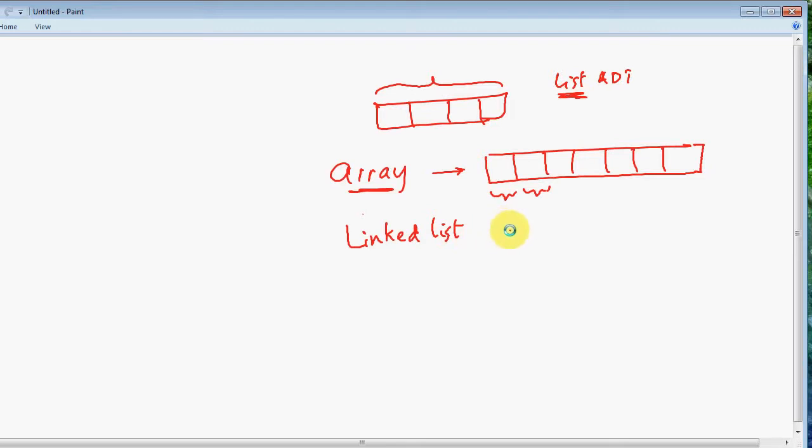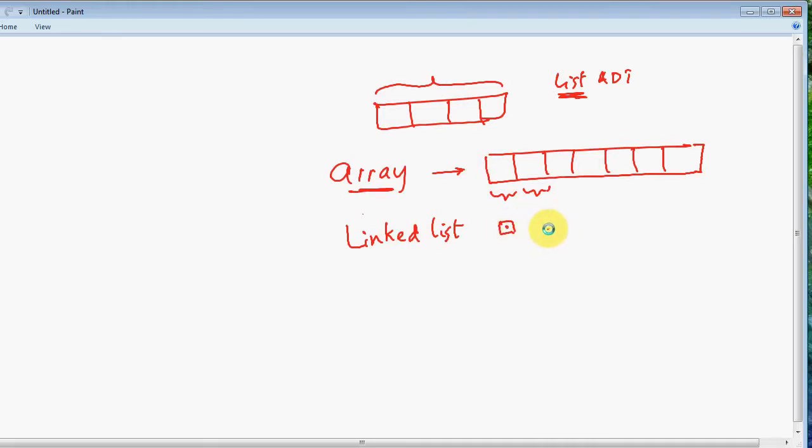But just as an introduction, one of the properties of an array is that all the elements in an array are consecutive in memory. They are back to back in memory. In a linked list, that's not the case. Every element, called a node, can be located anywhere in the memory.